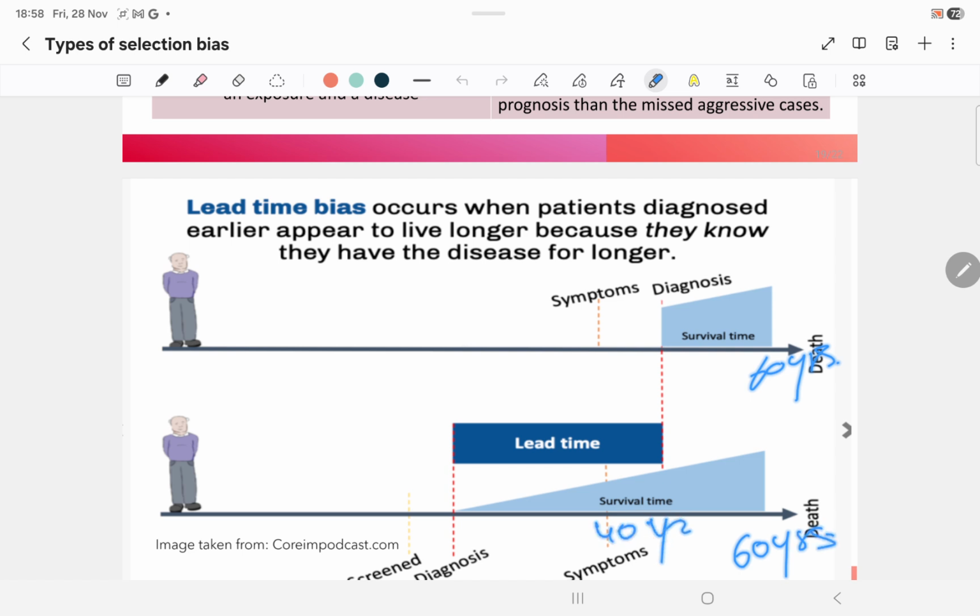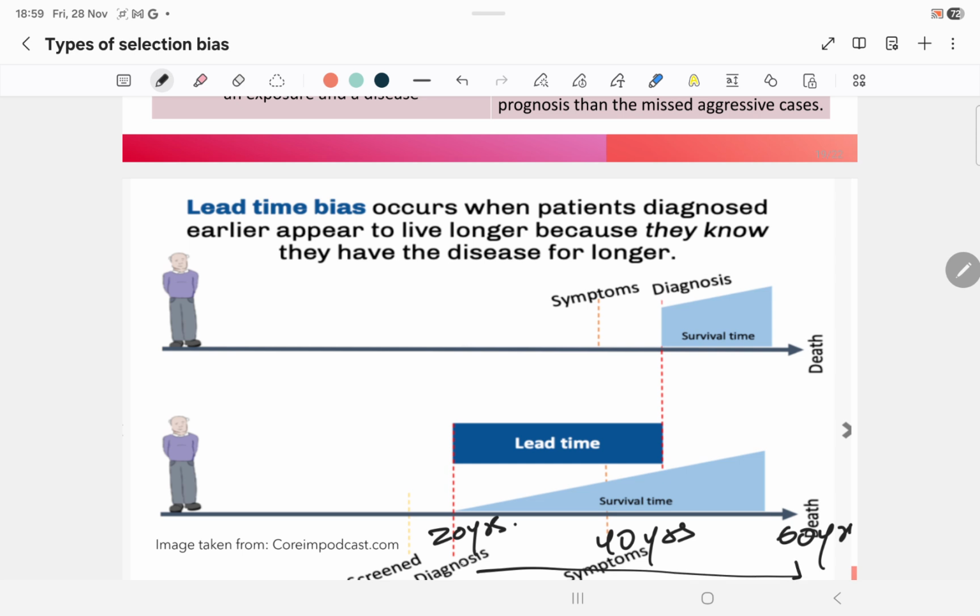This is 40 years of age when the symptoms appeared, and this is 20 years of age. So now, if you screen the patient at 20 years and he lived till 60 years, he might think that, oh, after detection, I lived for 40 years. Let me do this: 20 years, 40 years, 60 years. If screening happens at these 20 years, the patient might think that I have lived for 40 years after the screening procedure which detected my disease.